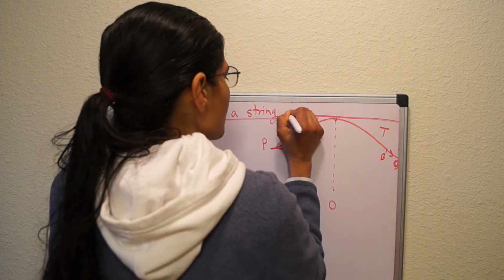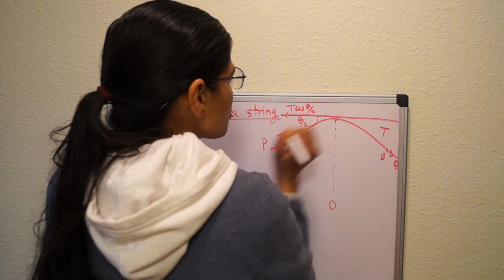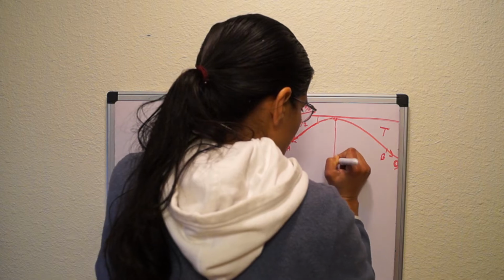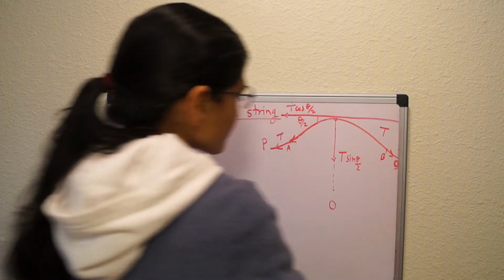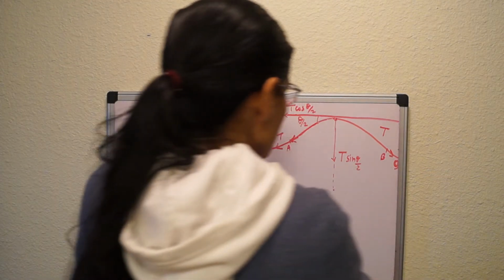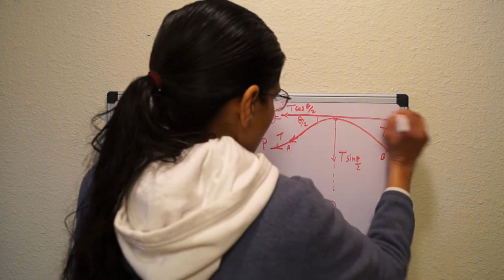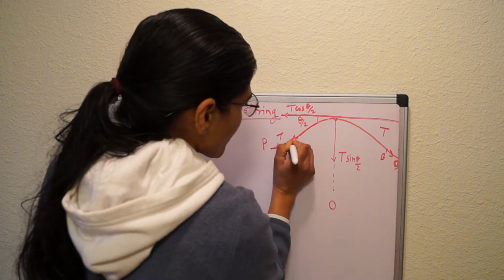So this side becomes T cos theta by 2, and this side we will have T sine theta by 2. Next, I want to drop a line from here all the way to here.